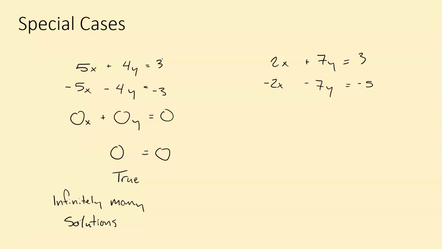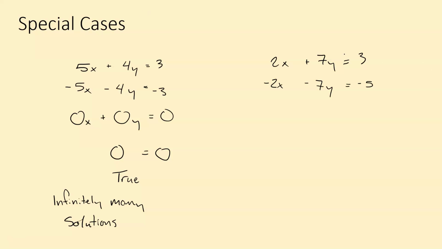What that means is these equations are actually the exact same. They're just written differently. If you divided this second equation by -1, you would see that these two equations are the same. So the solution is every point on that line. These two lines intersect each other at every possible point, to take it back to the graphical example.